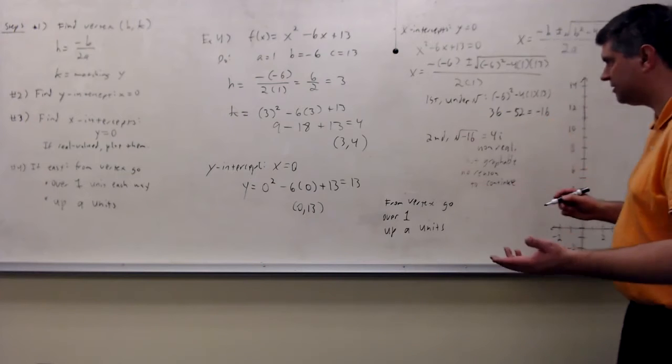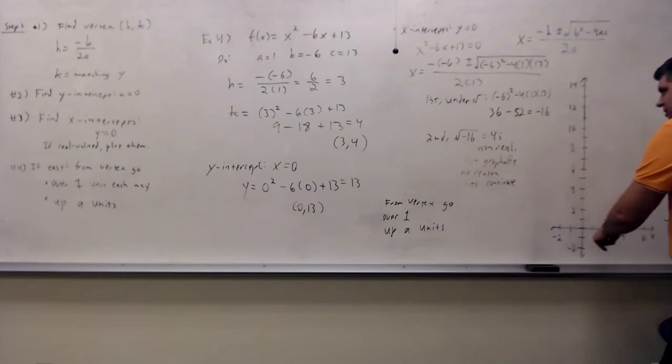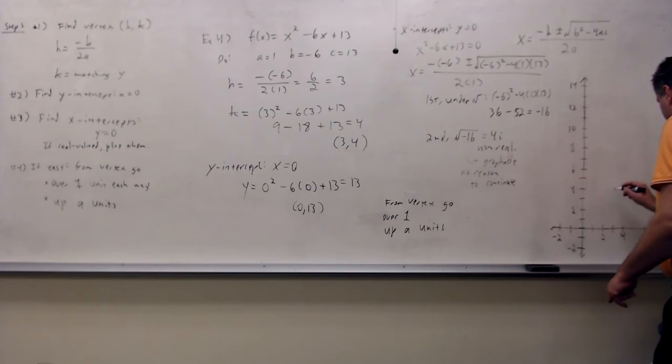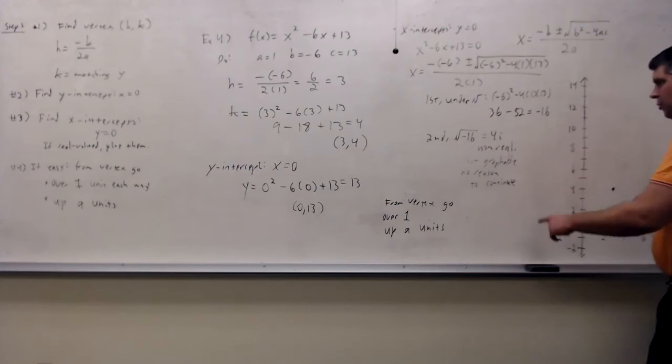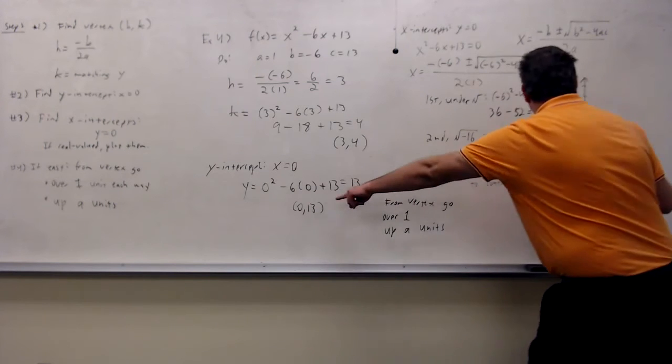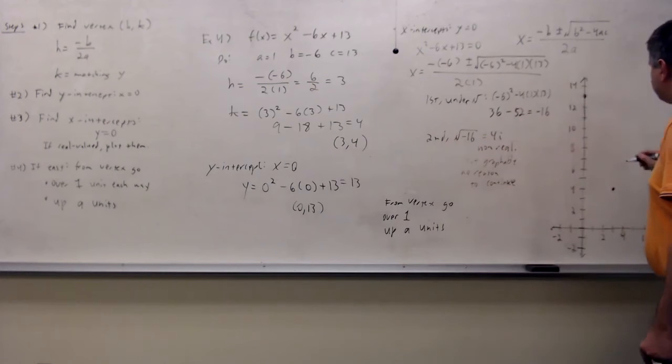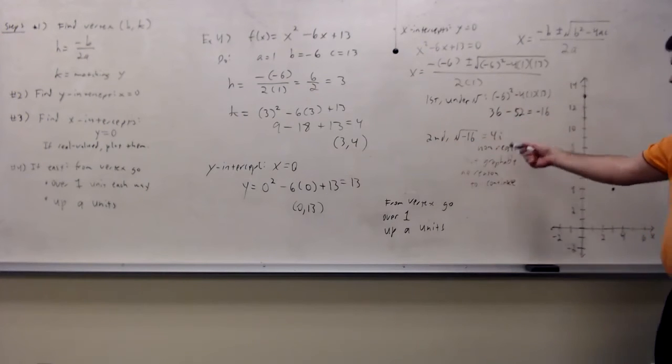That's what you're about to see. So (3, 4) is the vertex. The y-intercept is (0, 13). It doesn't have any x-intercepts.